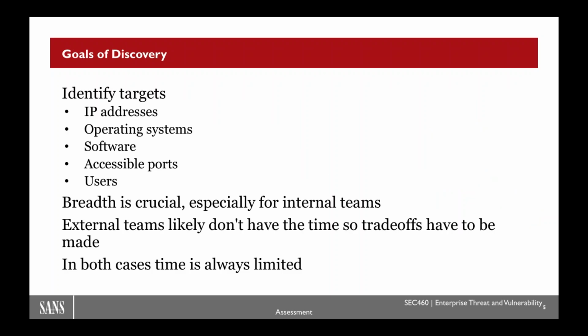And there are a number of different ways that we can identify these systems, a number of different pieces that we're looking for as well. So it's not just the IP address that we're looking for, especially when it comes to web. We'll talk about web here in a little bit, but finding the IPs of the systems is important, but also we need to understand a lot more than that.